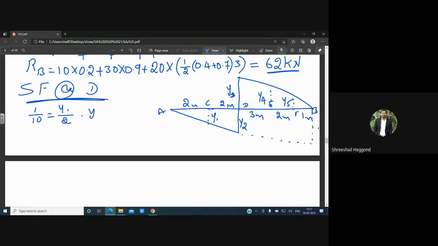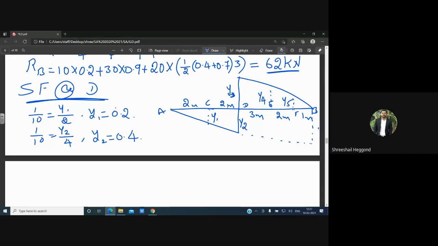Therefore, y1 can be written as 2 divided by 10, that is 0.2. Similarly, y2 can be calculated: 1 divided by 10 is equal to y2 divided by the remaining distance of 4. Therefore, y2 is 0.4.